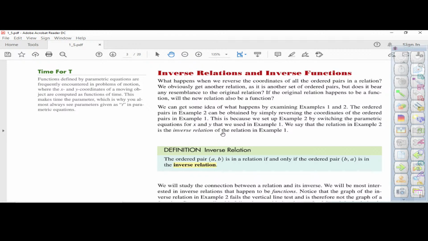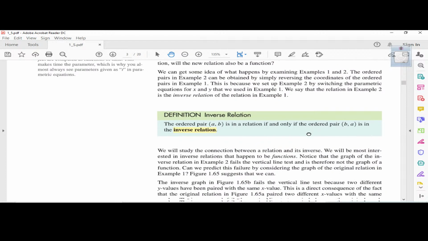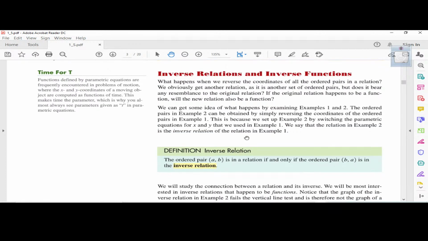There's one that requires more algebra, so you probably need to pay more attention to that one. There's a graphic one, there's an algebraic approach, and the third one is using the function composition that we have learned before. So 3 different ways.